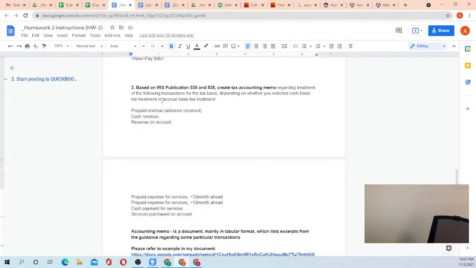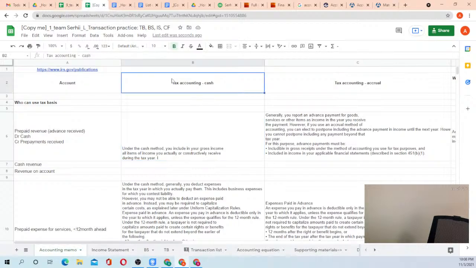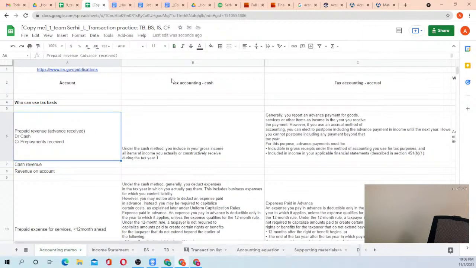And that cash and accrual basis tax treatment is a completely different beast, because tax authorities want to make their own rules regarding recognition of revenues and expenses. The closest to the tax rule you can get is probably accrual basis of accounting.